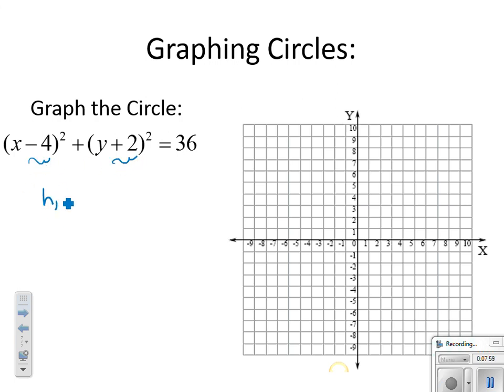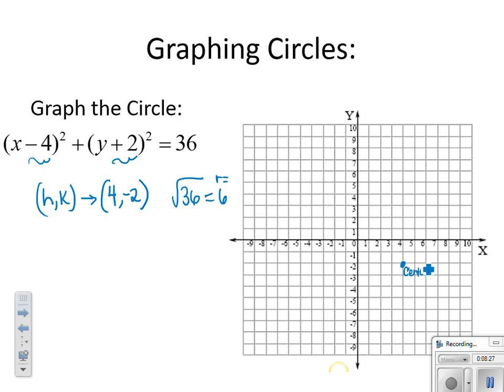So my h, k is really 4, negative 2. Okay, so my center is 4, negative 2. So 4, negative 2, make a point. That's my center. Okay, and then my radius, this is always equal to r squared. So radius is, take the r squared and square root it, and I get a radius of 6.